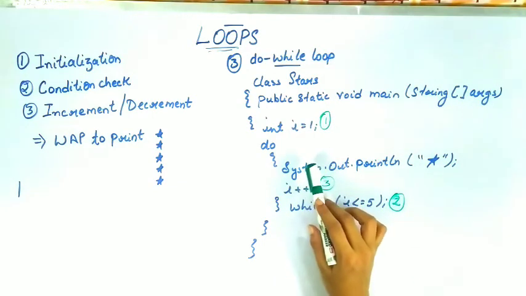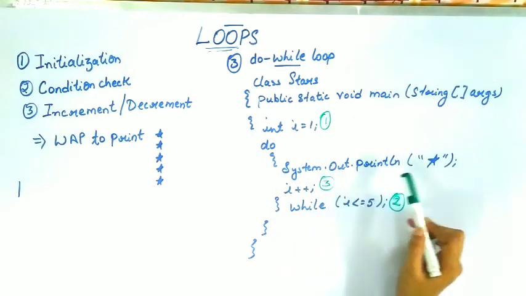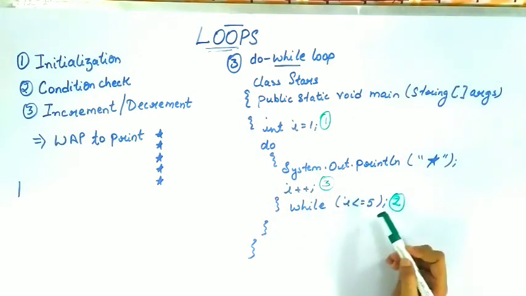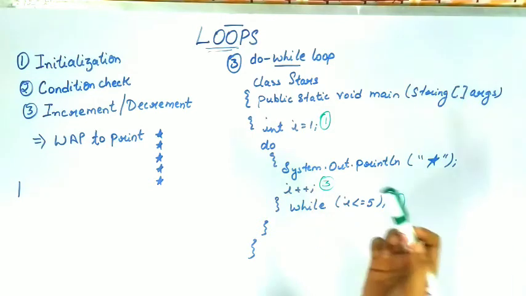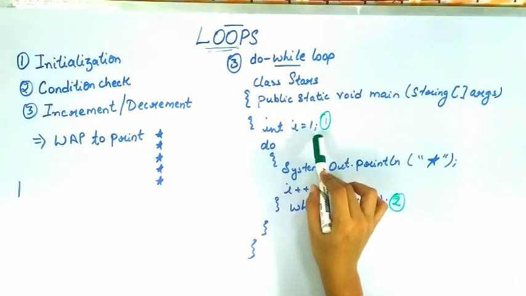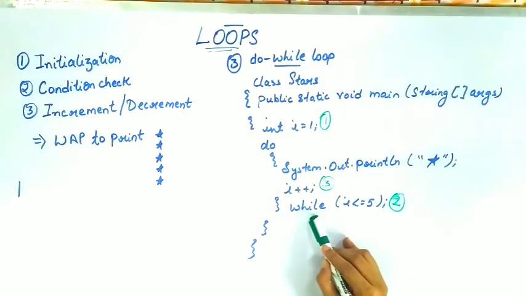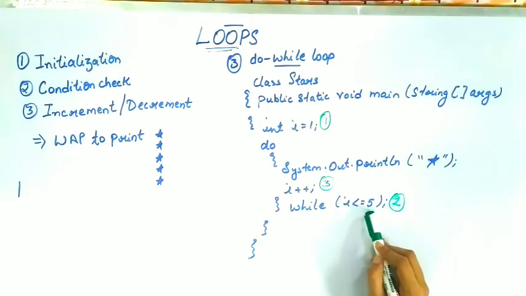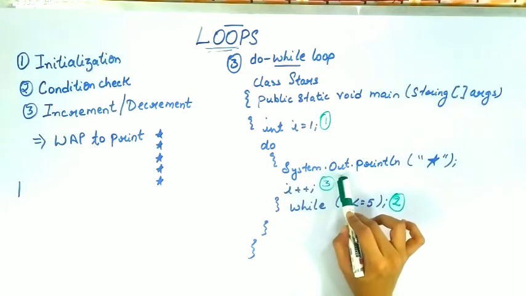The do while loop is read as do, go inside the body of the loop only when the condition is satisfied. Therefore, after initialization, the compiler will go to this while statement where it will check for the condition. If the condition is satisfied, then only it will get inside the body of the loop.